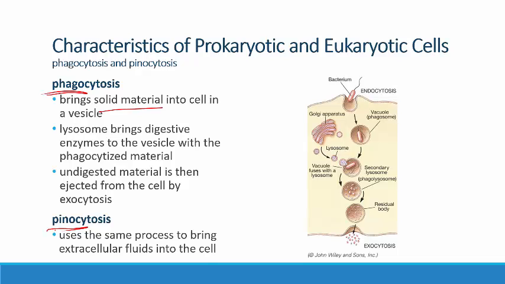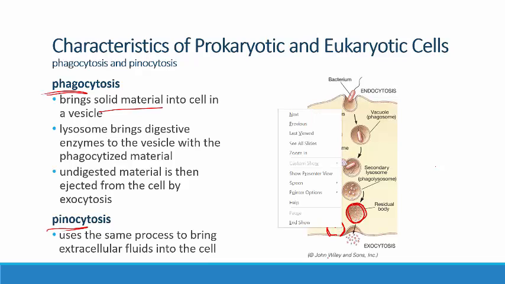And almost all cells in our body do pinocytosis all the time. They're busy bringing fluids into the cell, replenishing fluids that way. And then, if we look at the far end of phagocytosis, once it is finished and we have digested the materials, that undigested residual body, just like we saw with receptor mediated endocytosis where we put the receptors back onto the membrane, we can do the same thing.